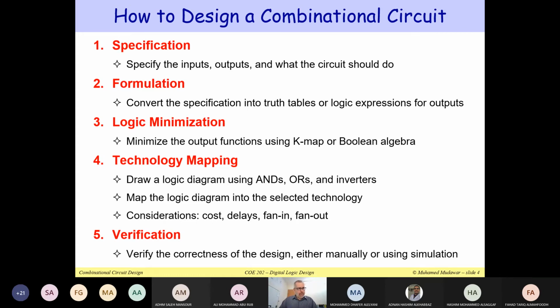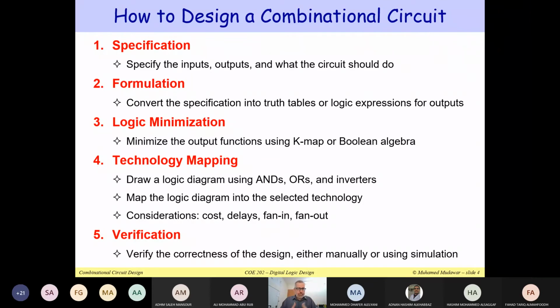The meaning of formulation is that you need to understand the specification, and from it, you try to convert the specification into truth tables. You might have a truth table for every output of the circuit. The circuit might have multiple outputs, and therefore you need to convert the specification into truth tables.